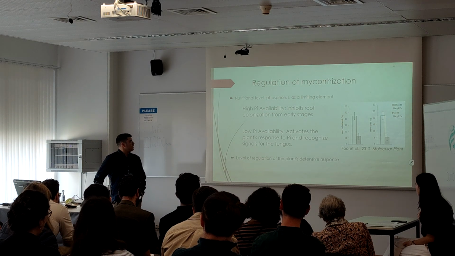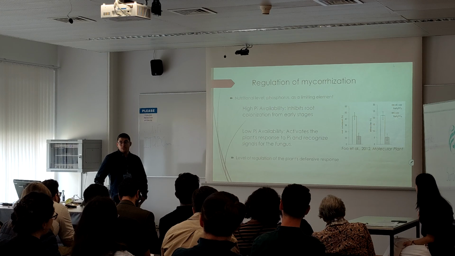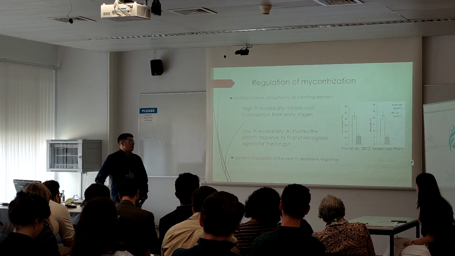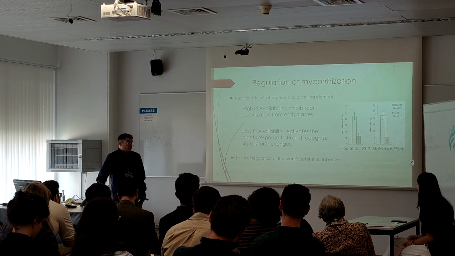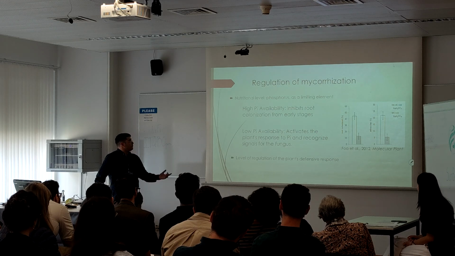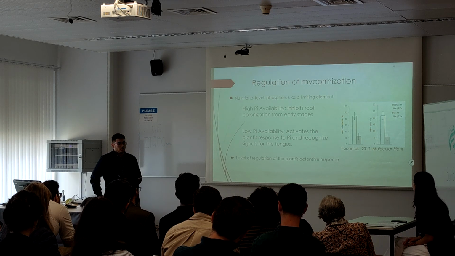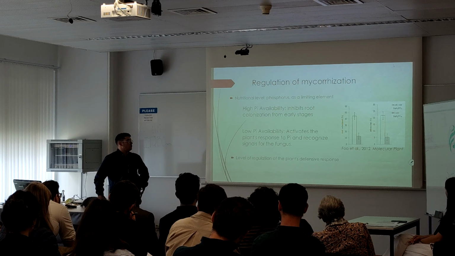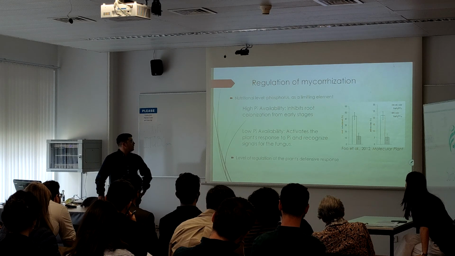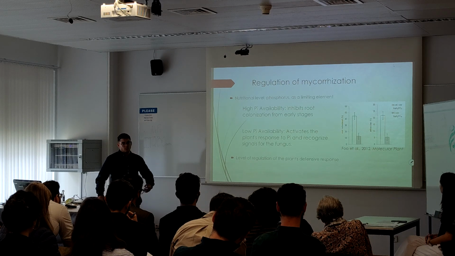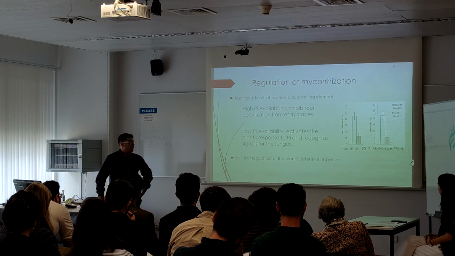The second possibility is low phosphate availability, the opposite case. When the soil doesn't have enough nutrients, the plant activates all the responses to recognize the fungi and send signals to let the fungi penetrate.